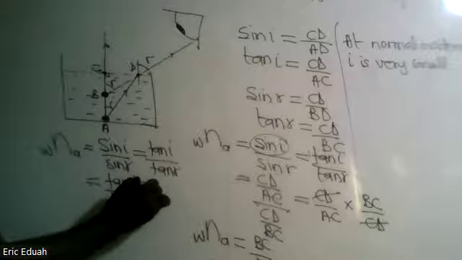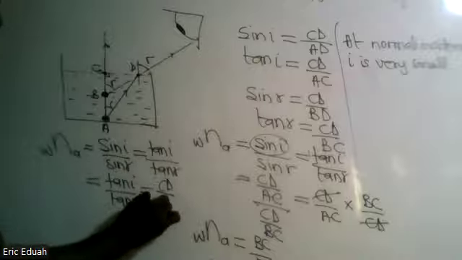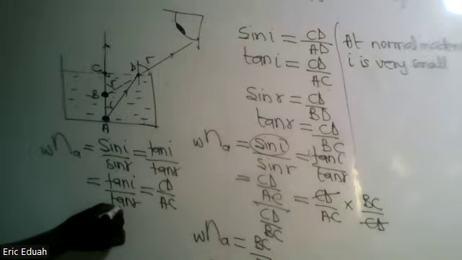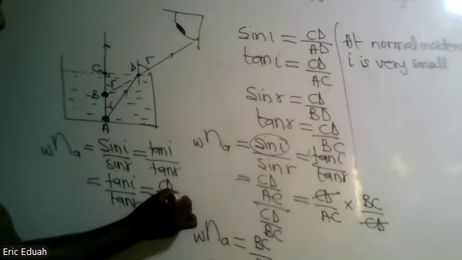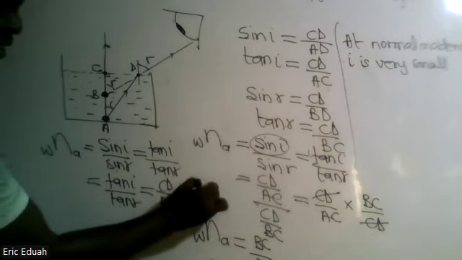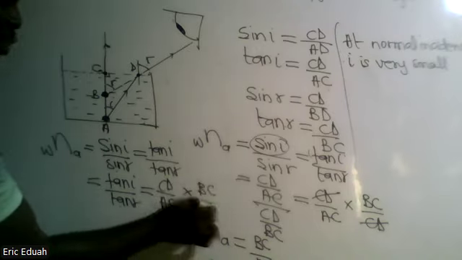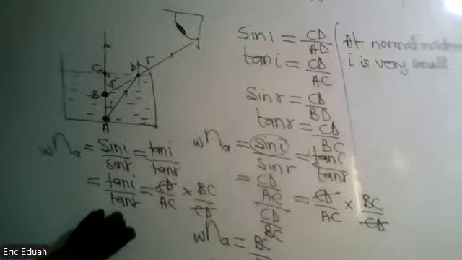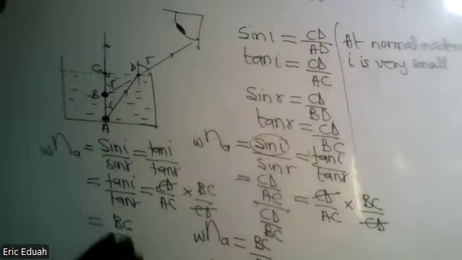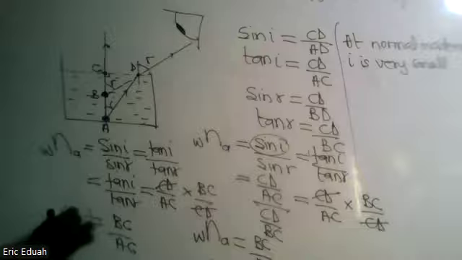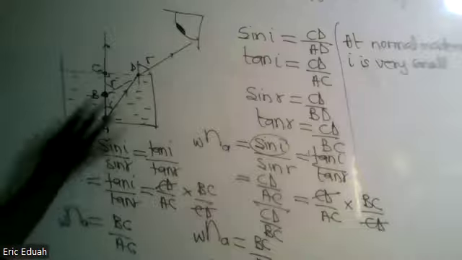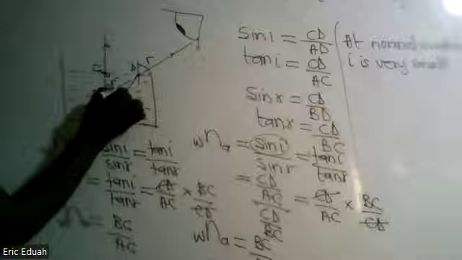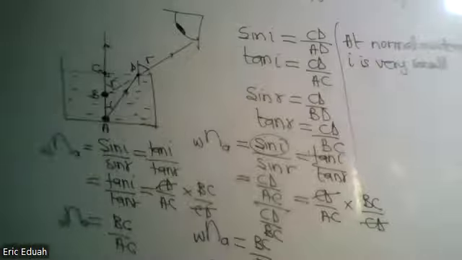Now, we derive what tan I is. Tan I is C over AC. Then tan R, CD over BC. So times BC over CD. When you cancel out, you have BC over AC. But the refractive index as light moves from water, coming out into air, is not what we want.